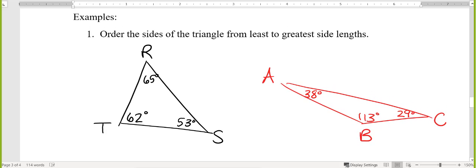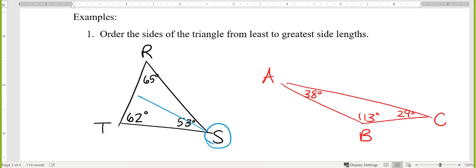Let's look at the black triangle. It says to order the sides of the triangle from least to greatest side lengths. In that triangle, which angle has the smallest measure? The smallest measure is 53 degrees, angle S. This has the smallest angle.